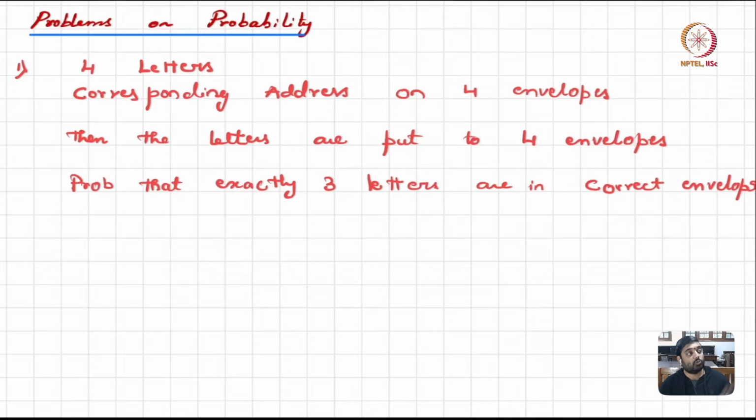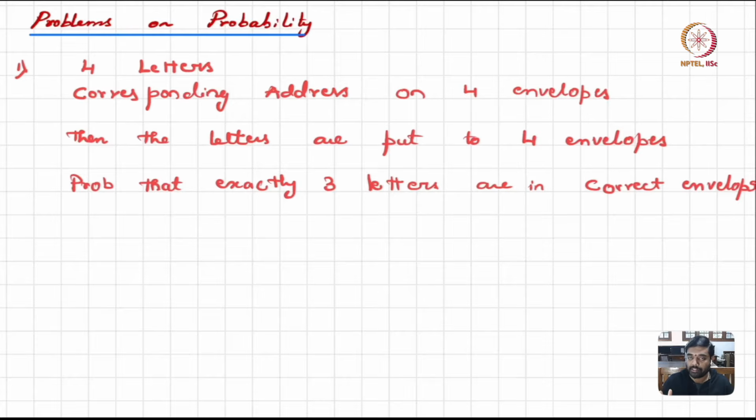Now you can randomly put a letter into an envelope. Now, when this is the case, what is the probability that exactly three letters are in correct envelopes? So, out of four, three are in correct envelopes.